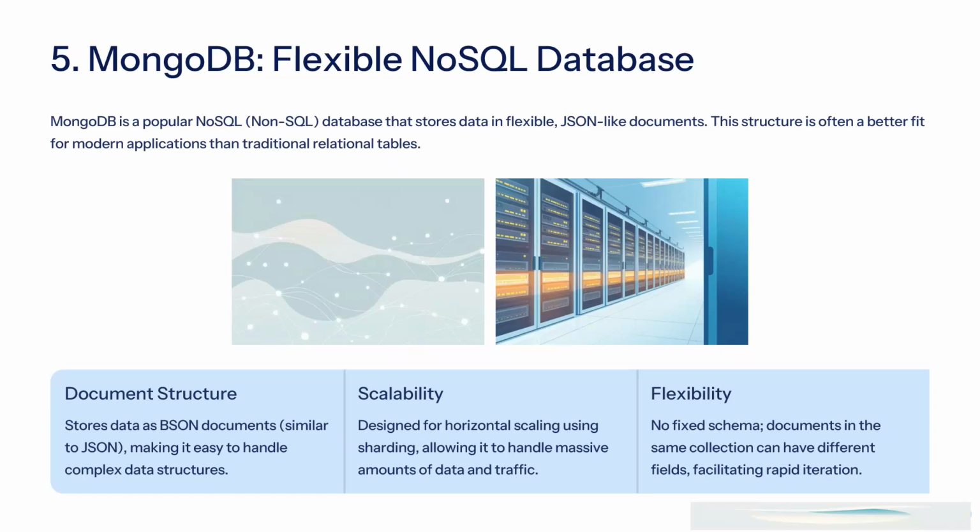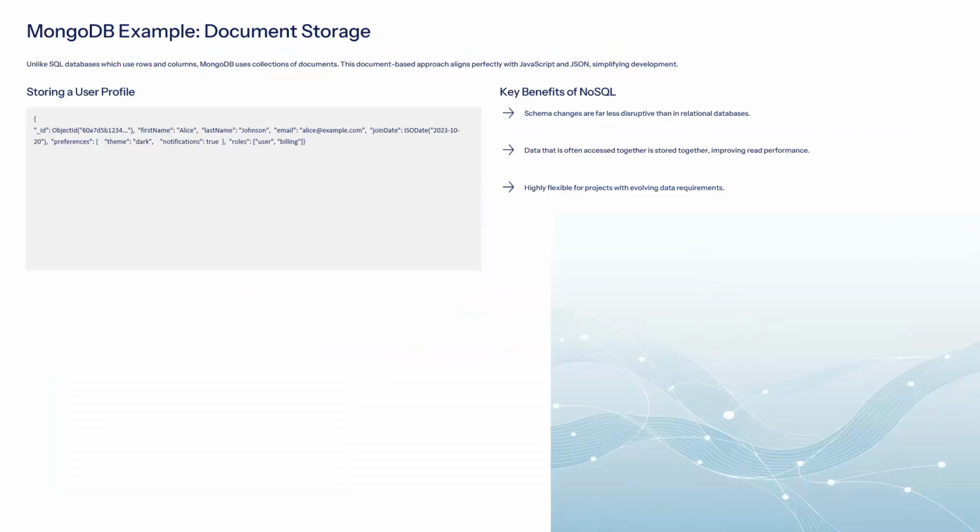We also have scalability. It is designed for horizontal scaling using sharding, allowing it to handle massive amounts of data and traffic. It is also flexible because there is no fixed schema, so documents in the same collection can have different fields, facilitating rapid iteration.